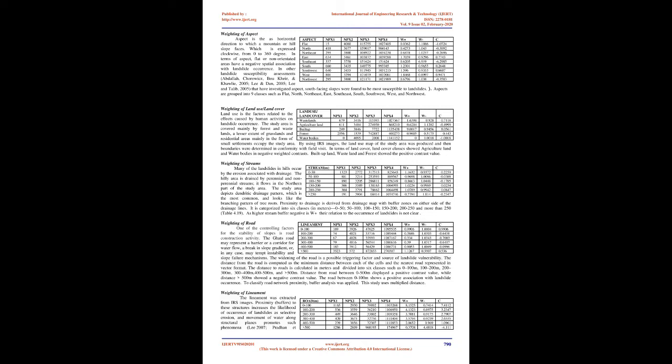Slope angle has a positive effect in the range between 20-50 degrees based on the positive weighted contrasts. The slope class of 20-30 degrees has the most significant spatial association with landslide occurrence.